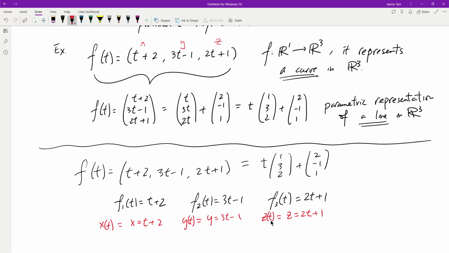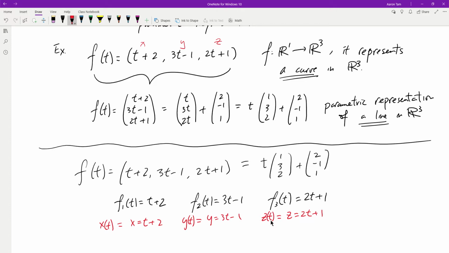If you write x equal to t plus 2, you're basically saying that the dependent variable x is equal to t plus 2. If you write x of t equal to t plus 2, then you're defining the function x to be t plus 2. Slightly different, but not that big of a deal.